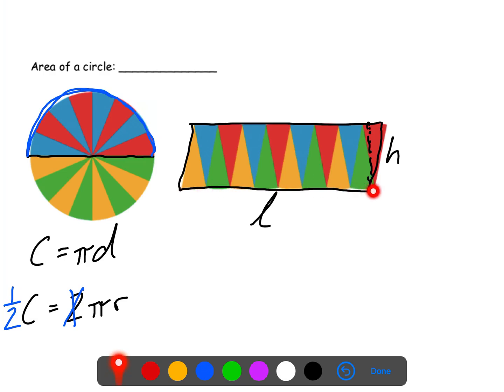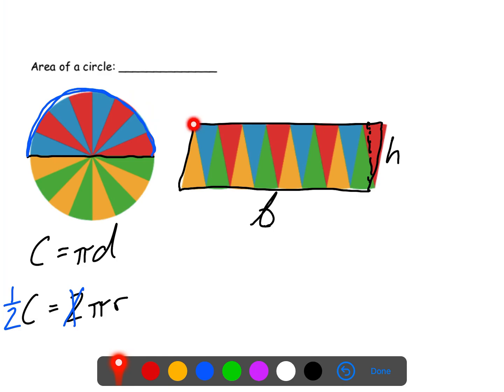We'd multiply the length times the width, or the base times the height. So whether we call this base or length, whether we call this height or width is not important. We just need to multiply these 2 measurements to get the area of the shape.